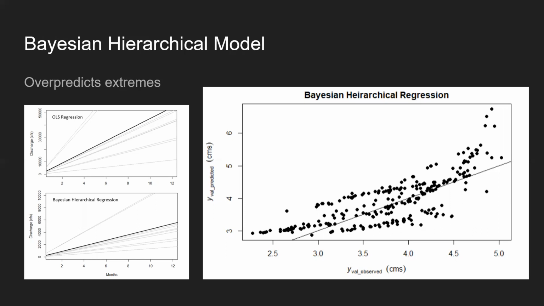So for the ordinary OLS regression, we can see that the station-specific regression lines are varying, and there are some regression lines that are extremely steep in slope. So these are the stations that are having higher coefficient in their betas.